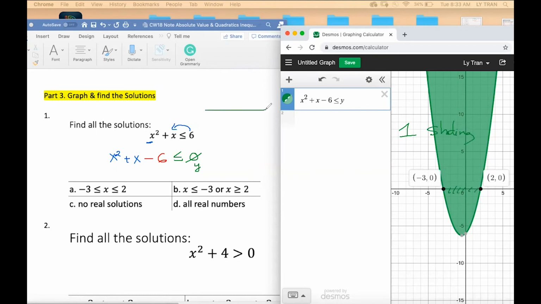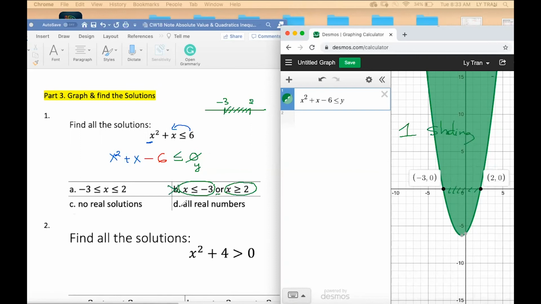So I'm gonna draw a number line. My special points start from -3. My end point is at 2. So I have one shading. Here we go. The keyword is one shading. So I can cross out the answers that don't have one shading. This has two shadings, 1 and 2, connected by the word or. So this is already not an answer.